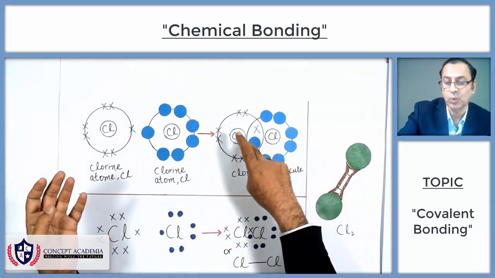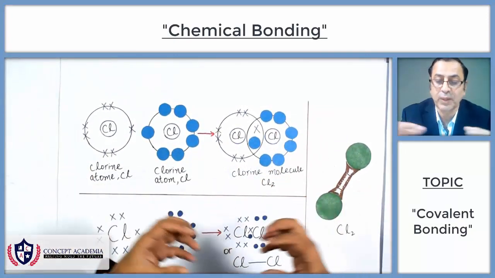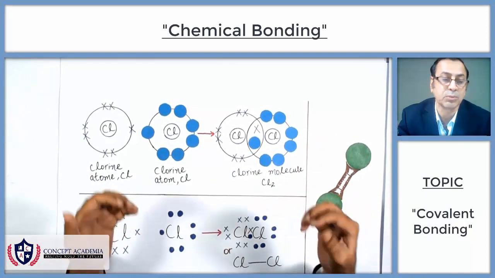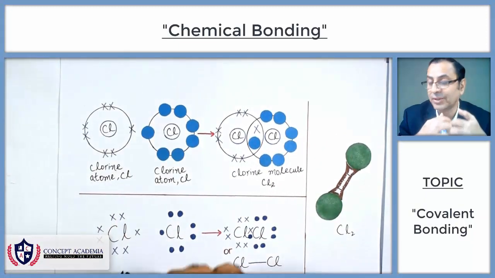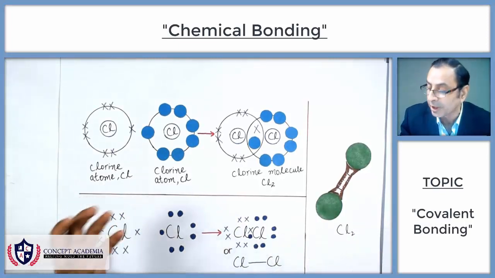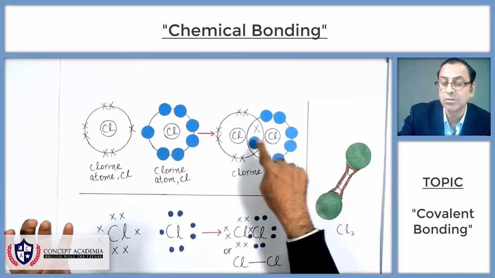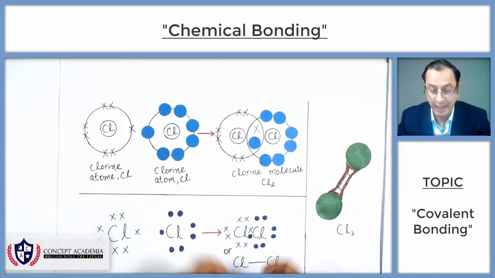So when 2 or more than 2 atoms are linked together, that linking and that connectivity between the atoms is called a molecule. So Cl2 is a molecule. It is diatomic because 2 atoms are joining together.